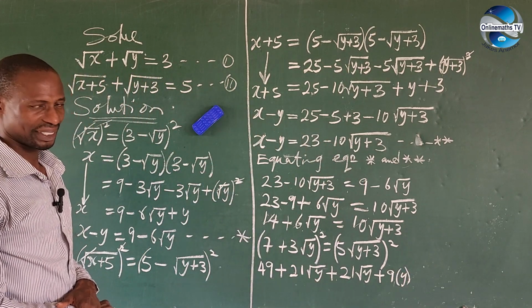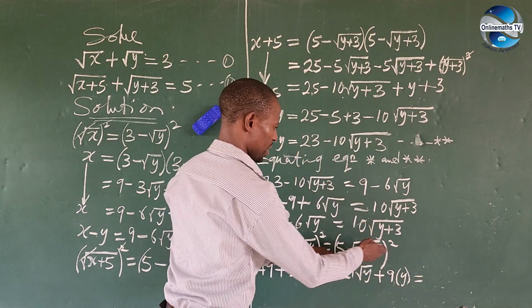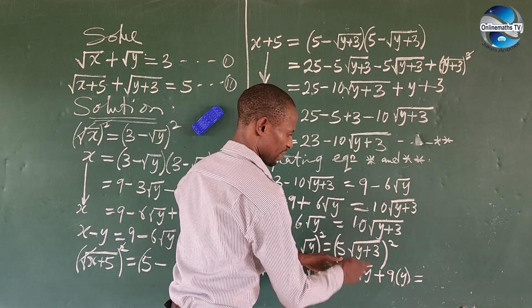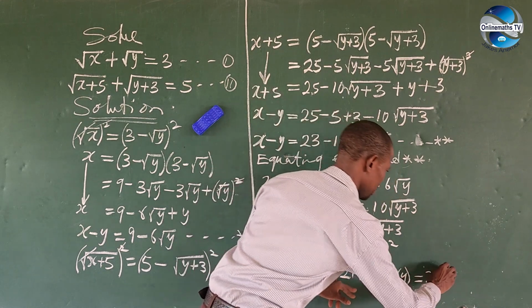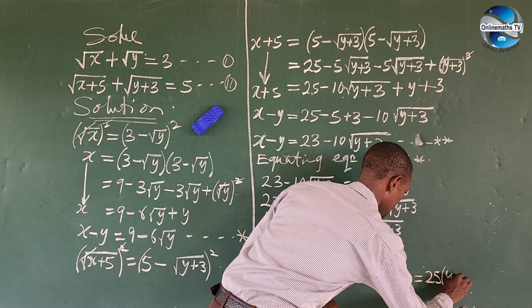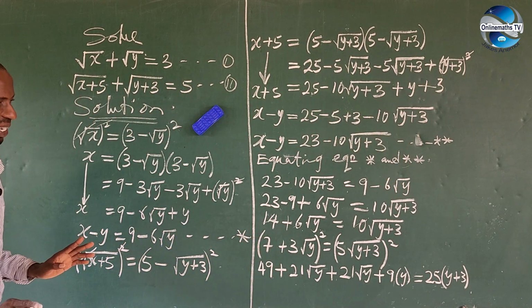Any confusion? Okay, then everything here equal to this times itself will give us 25 times y plus 3. I believe there's no confusion here.